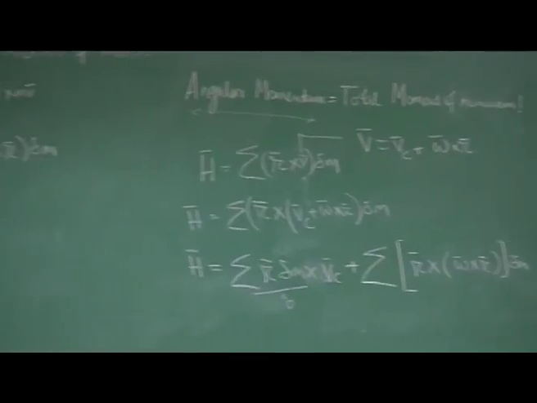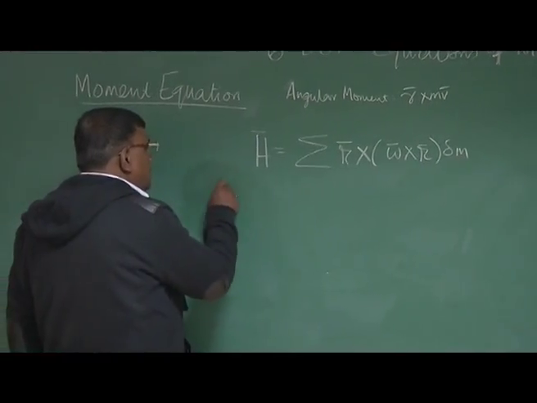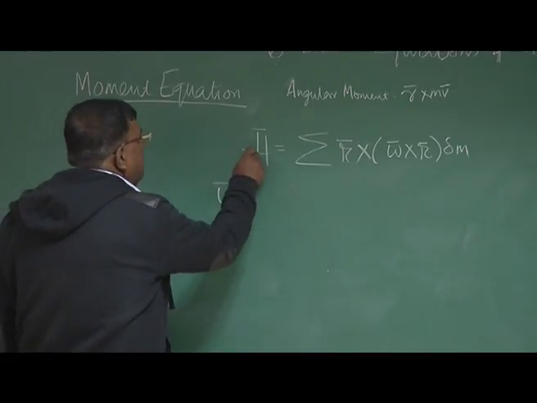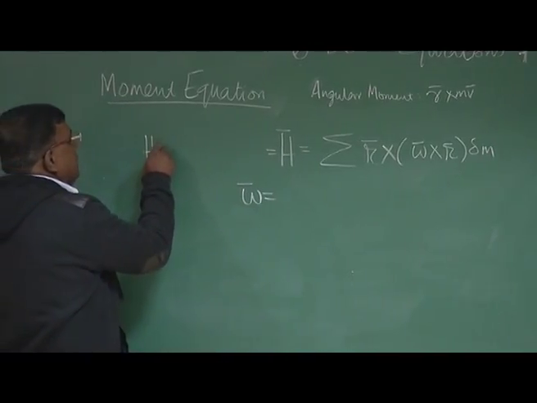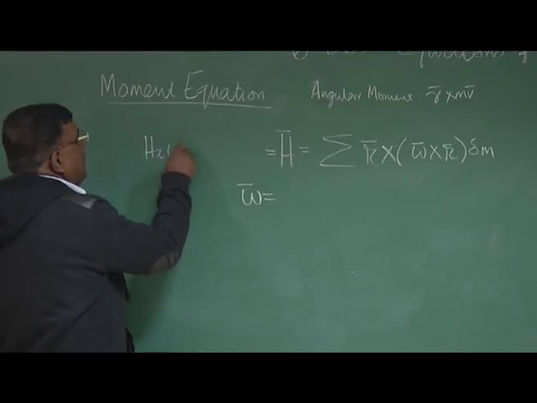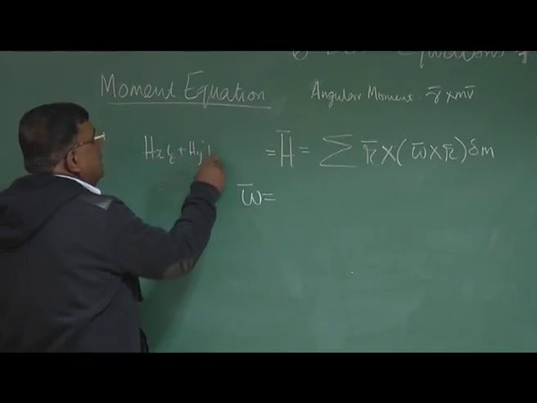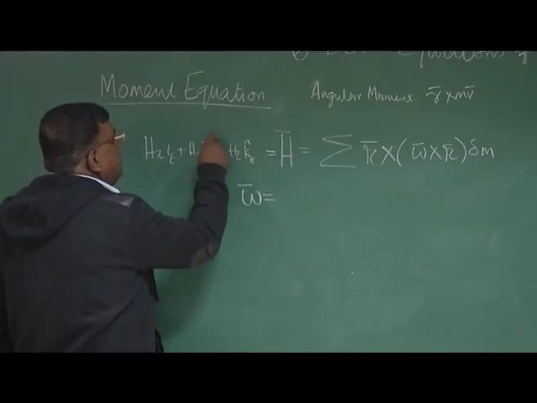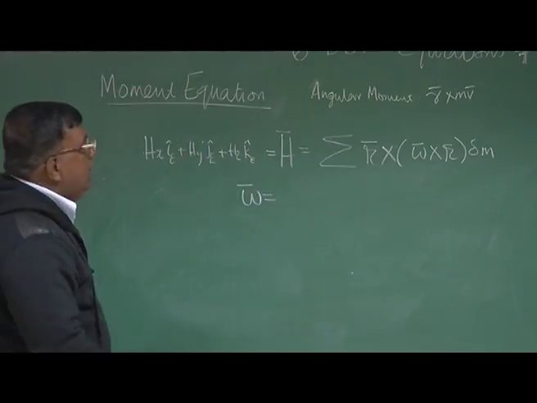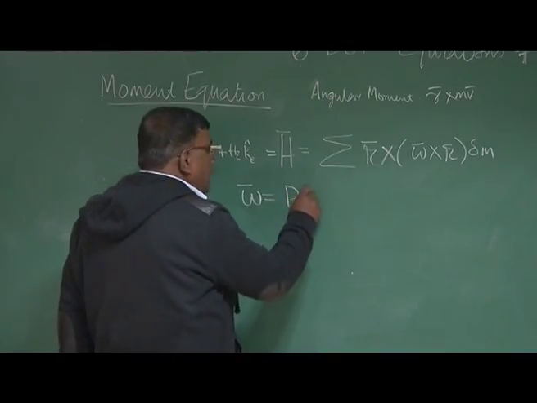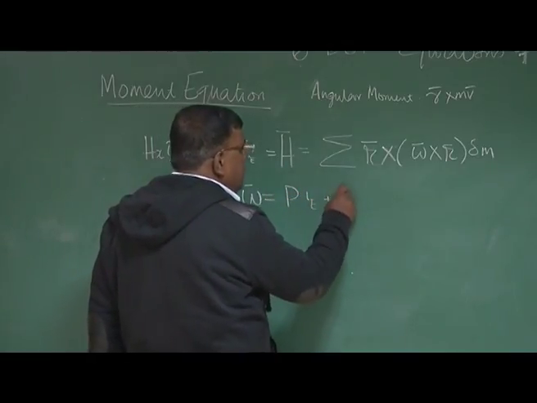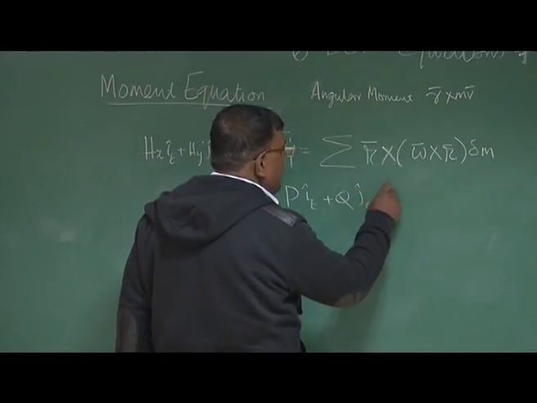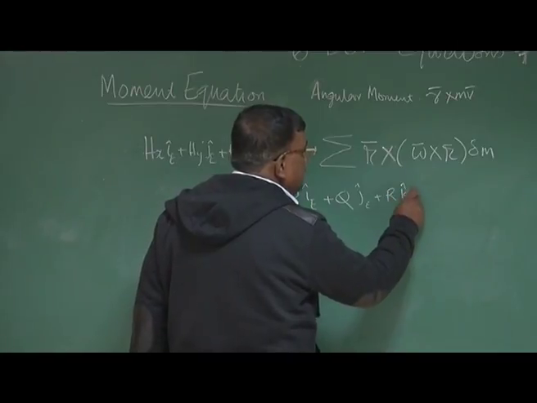So this is very clean now. I have to use this relationship because H has components Hx IE plus Hy JE plus Hz KE, which are the unit vectors. So omega I will expand as P IE plus Q JE plus R KE.